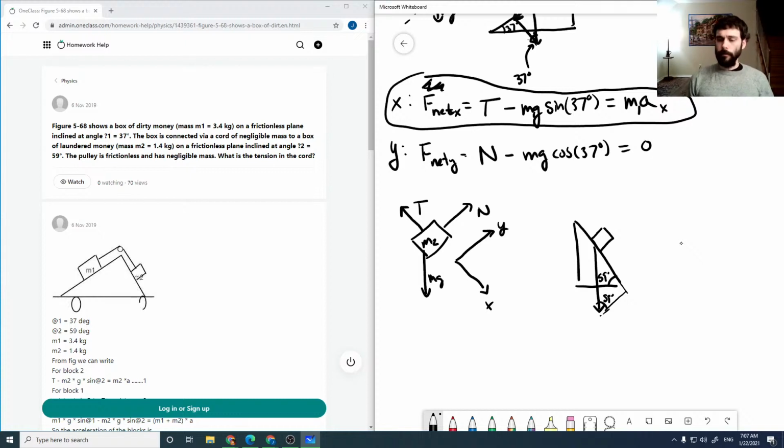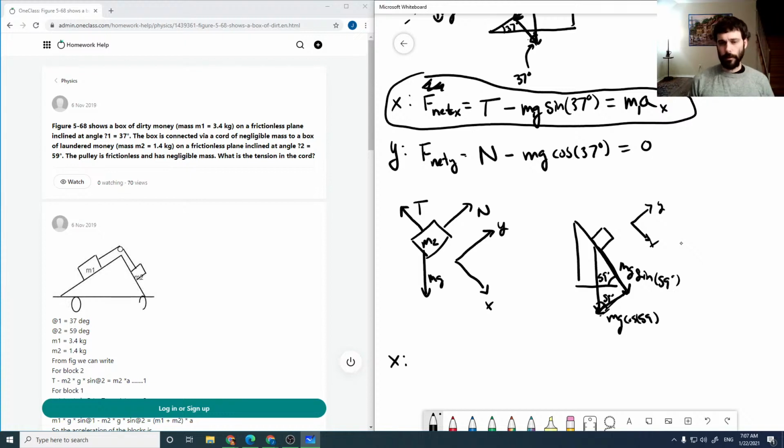And so now we can see that with our axis system drawn up top, our mg sine of 59 is going to be in the positive direction, and our mg cosine of 59 is going to be still in the negative direction.